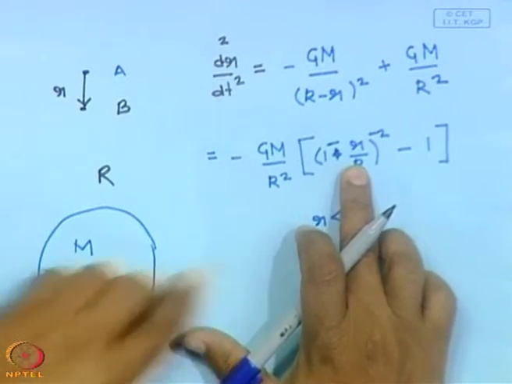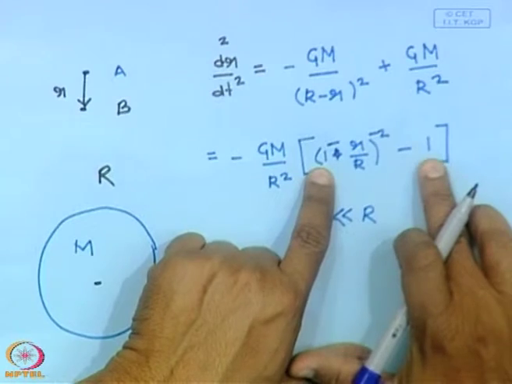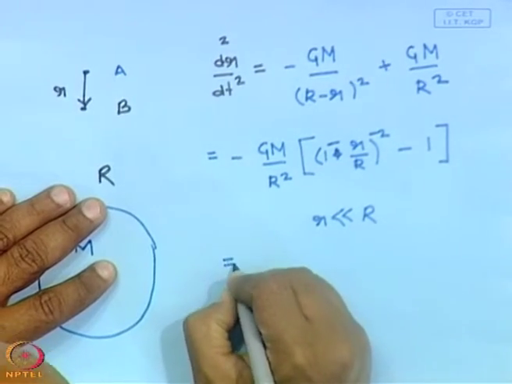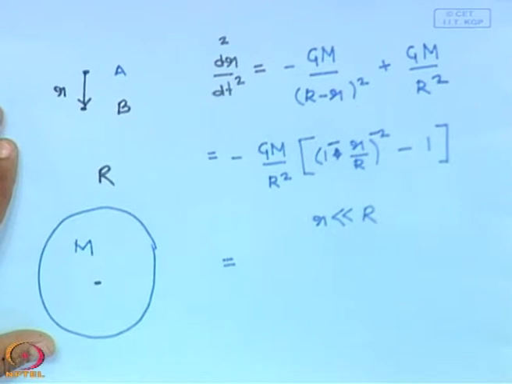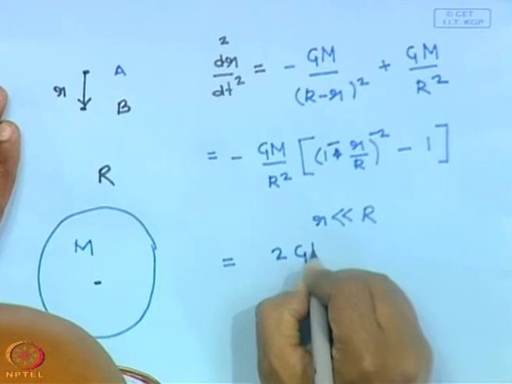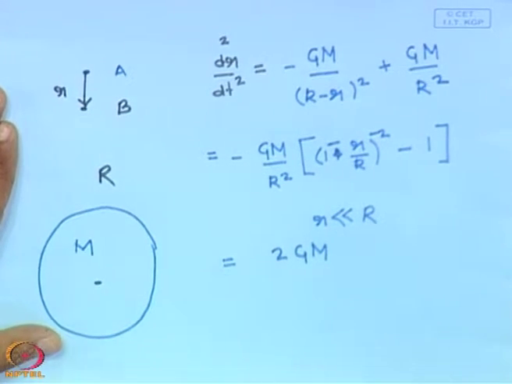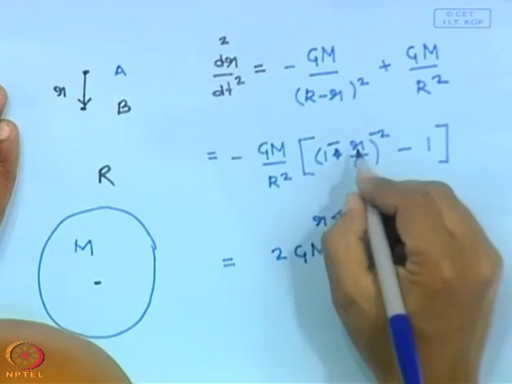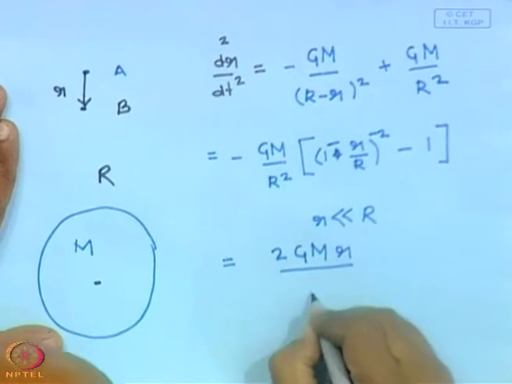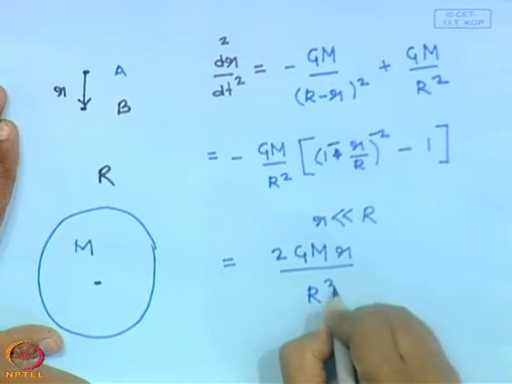If you do that, then this 1 will cancel out with this 1, and what we are left with is that this is equal to 2 G m into r by R cube, right.